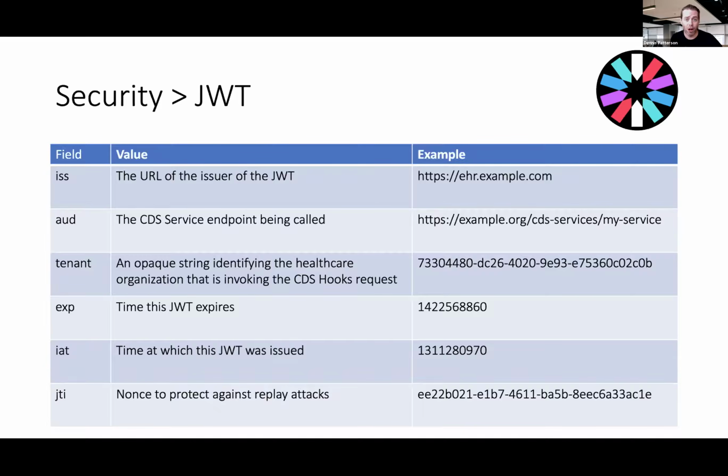So you might know from the token, the issuer is going to communicate perhaps what's the CDS client, what's the EHR, but the tenant communicates, well, what's the healthcare organization that's leveraging that EHR? What's the specific healthcare organization where the user took this action? There's an expiration and issue at time to give a time window when the token is valid. And then lastly, a unique identifier, because these tokens are intended for one-time use.